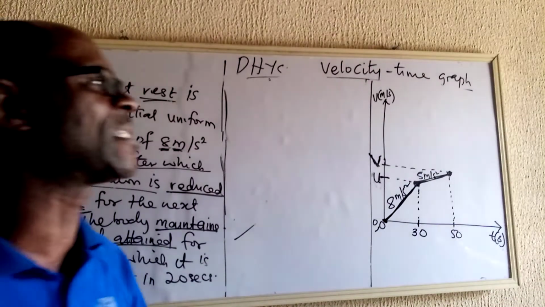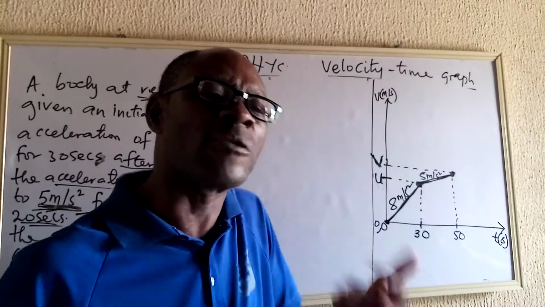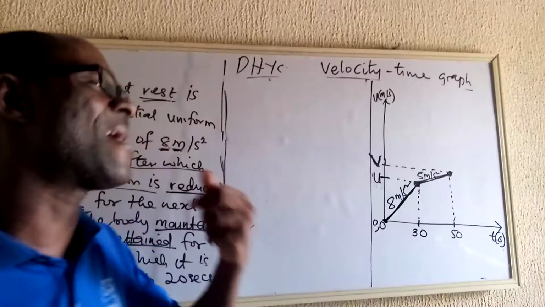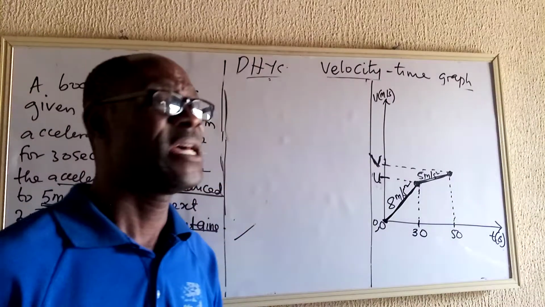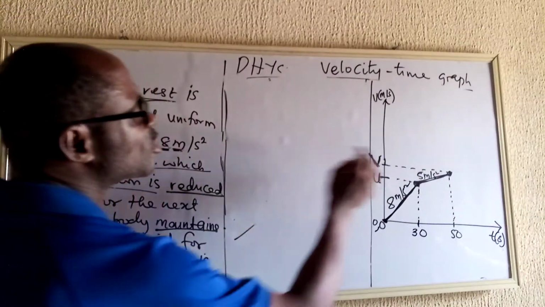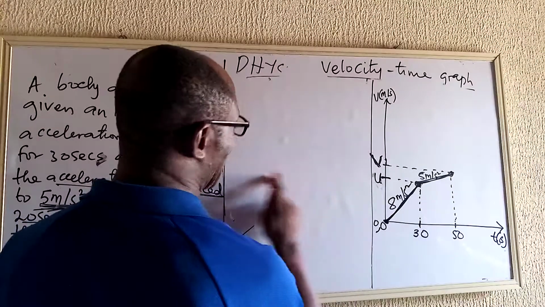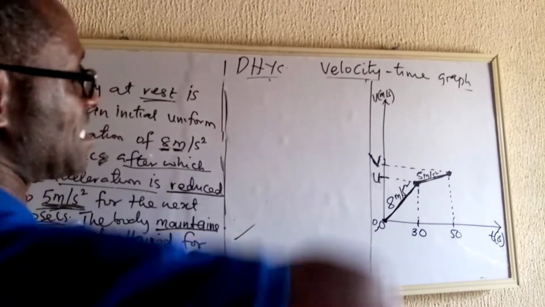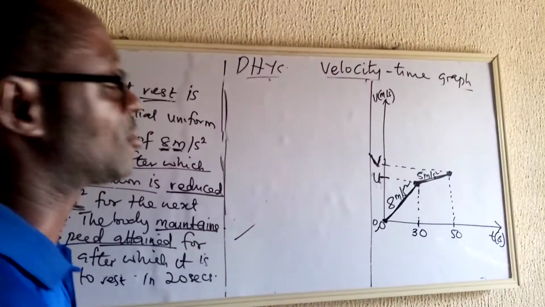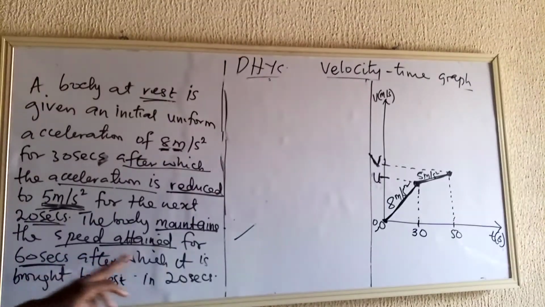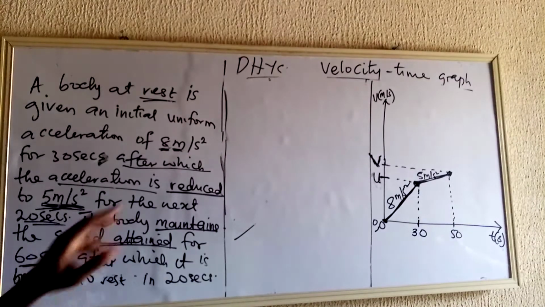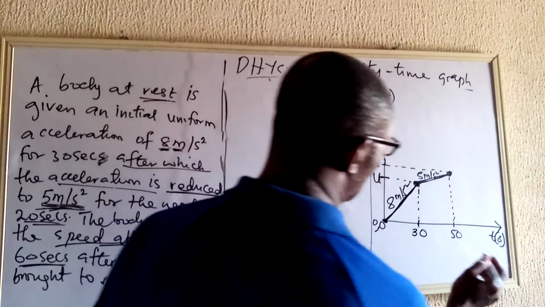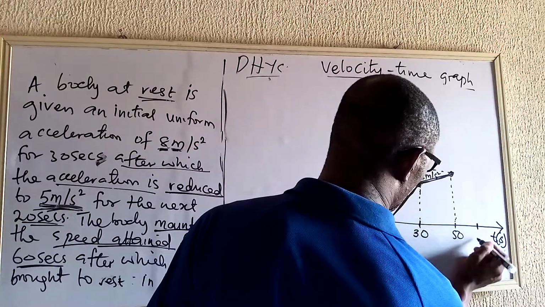And whenever a body is moving with a constant or uniform velocity, acceleration will be zero. Therefore, the line drawn must be horizontal. That is to show constant velocity. It cannot be inclined because there is no acceleration. For how long? For 60 seconds. It maintains this velocity for 60 seconds. So I'm going to add 60 to 50.